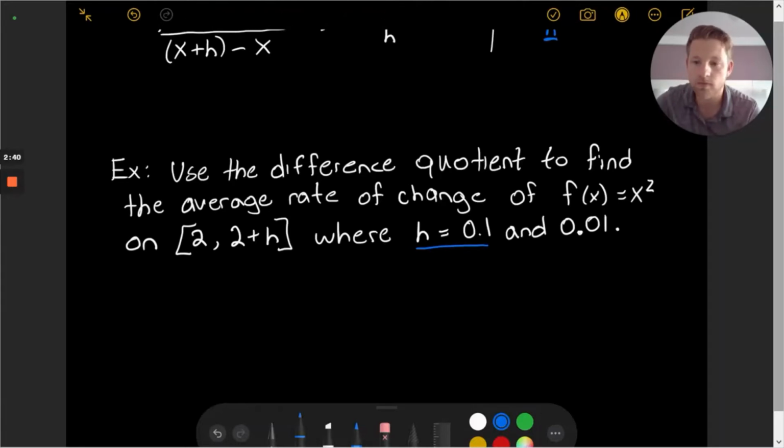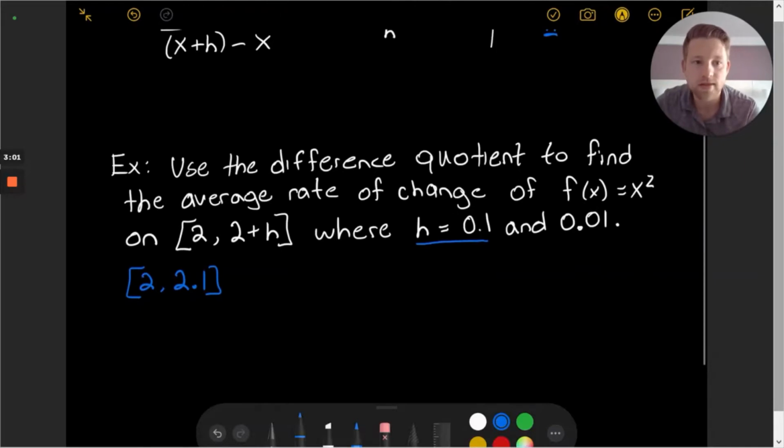I would like to find the difference quotient from 2 to 2 plus h. That would be 2 plus 0.1, which would just be 2.1. So we first want to find, again, the average rate of change of the function x squared over this interval. So let's consider that.